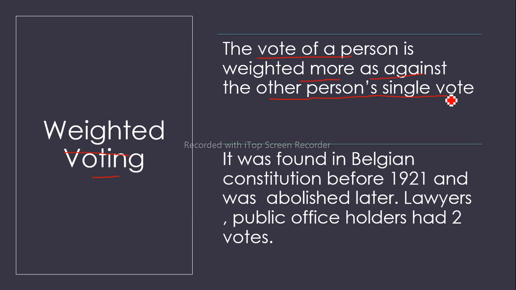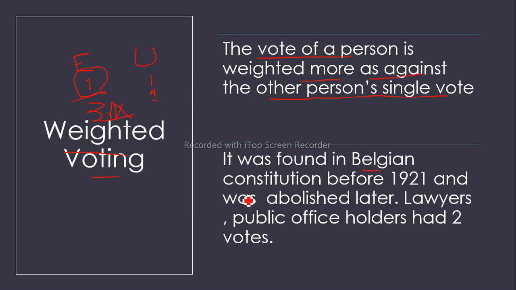So in this case, if an educated person has voted, he has 1 vote, and the uneducated person has also 1 vote. But when the votes are counted, his vote will weigh 3 times, 3x, than the uneducated person's vote.